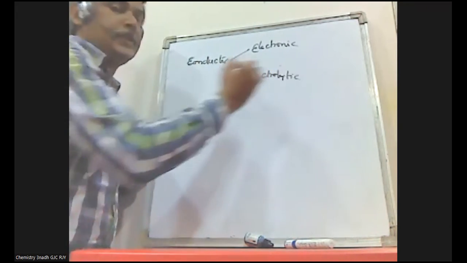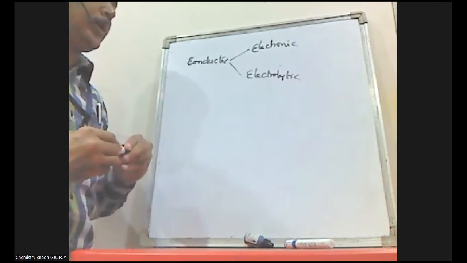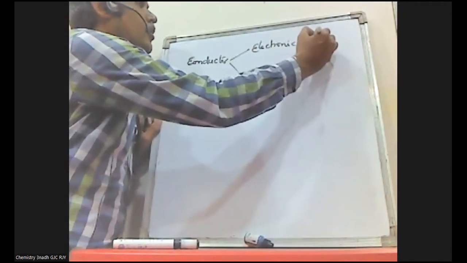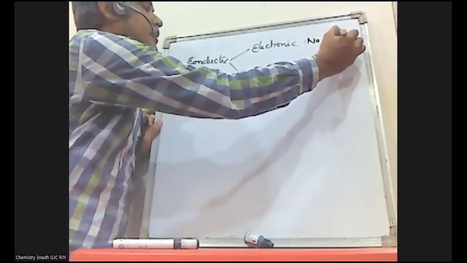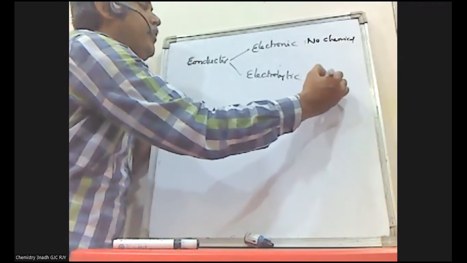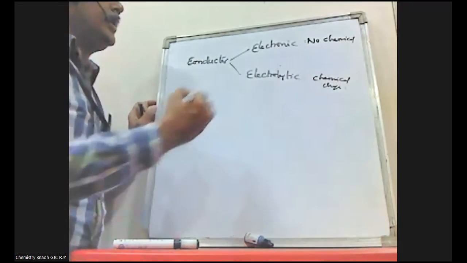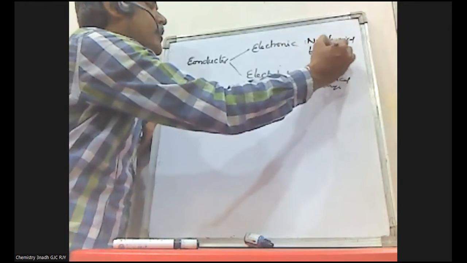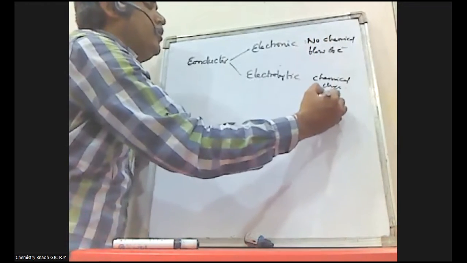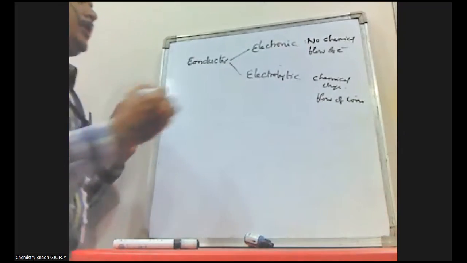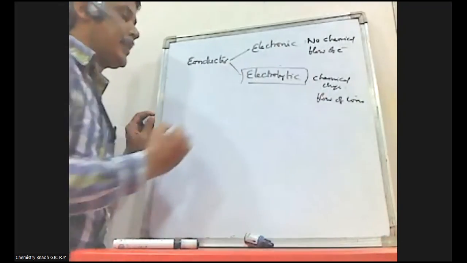We have seen some differences between electronic and electrolytic. There is no chemical change here. Here there is a chemical change during the passage of current. Here conduction is due to flow of electrons. Here conduction is due to flow of ions. So we are going to discuss electrolytic conductors.